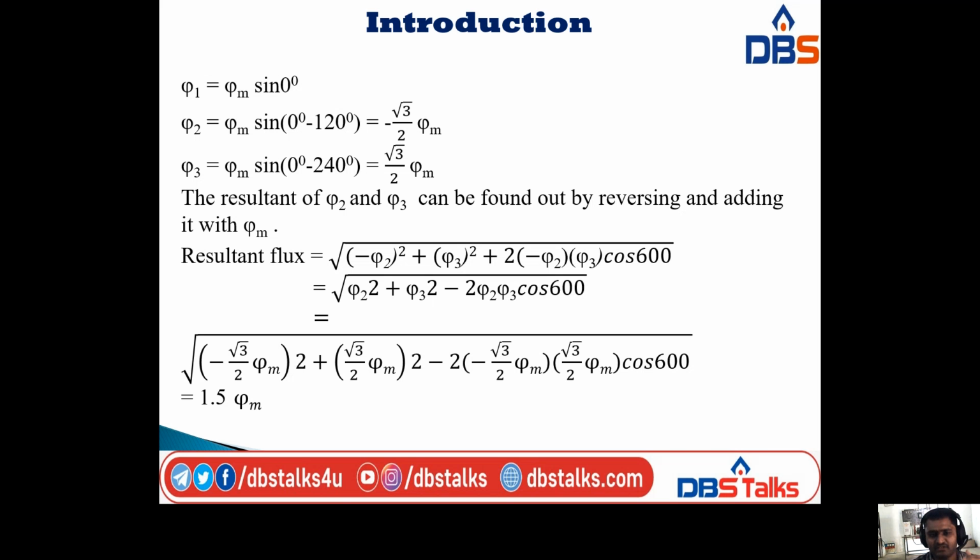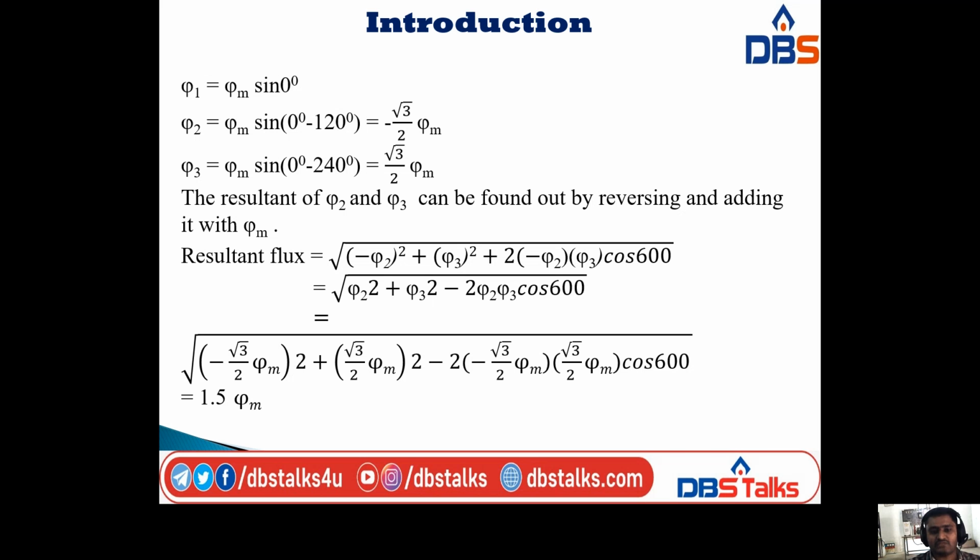Like that we have the values: phi 1 is 0, phi 2 is minus root 3 by 2 into phi m, and phi 3 is root 3 by 2 into phi m. The resultant of phi 2 and phi 3 can be found by reversing phi 2 and adding it with phi 3.